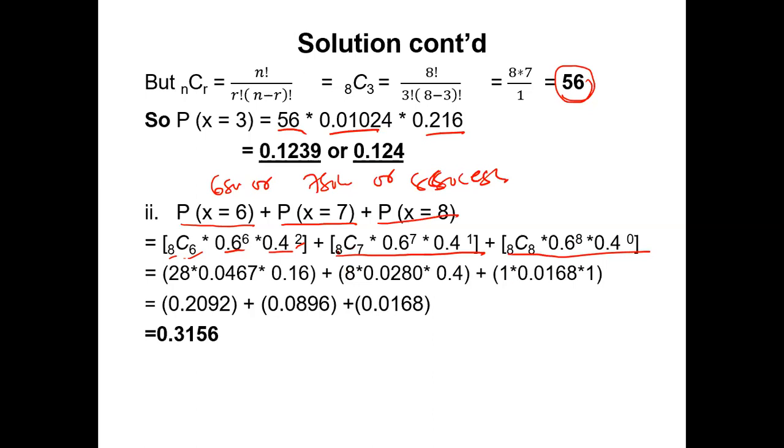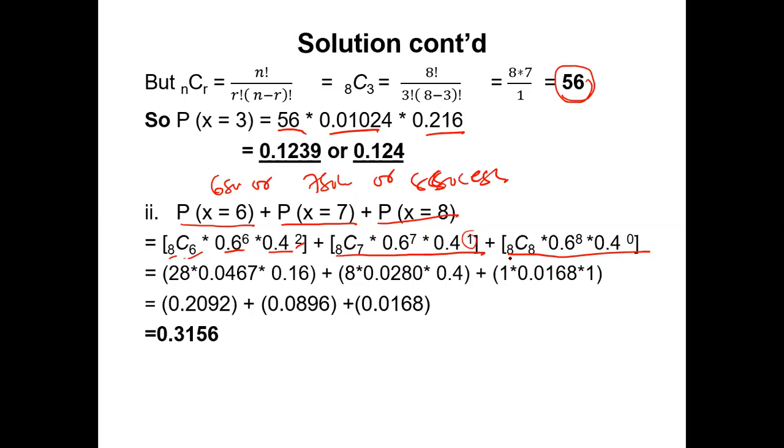So when x is 7, it will be n combination x, which is 8 combination 7, times 0.6 raised to the power 7, times 0.4 raised to the power n minus 7, which is 8 minus 7, then we will get 1 here.